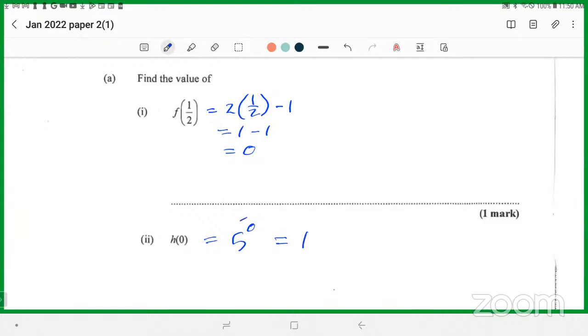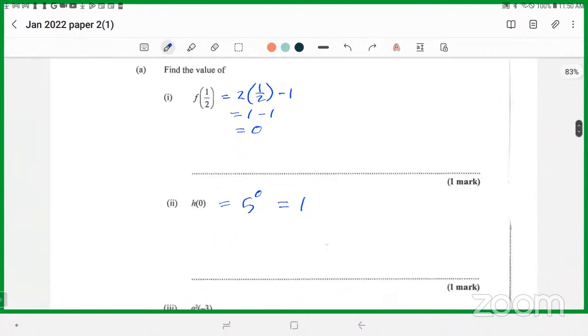If you like, you can test it on a calculator if you didn't know. Just put 5 raised to the power 0 in the calculator, and the answer is 1. So again, this one is now finished. Done. Nice and easy.